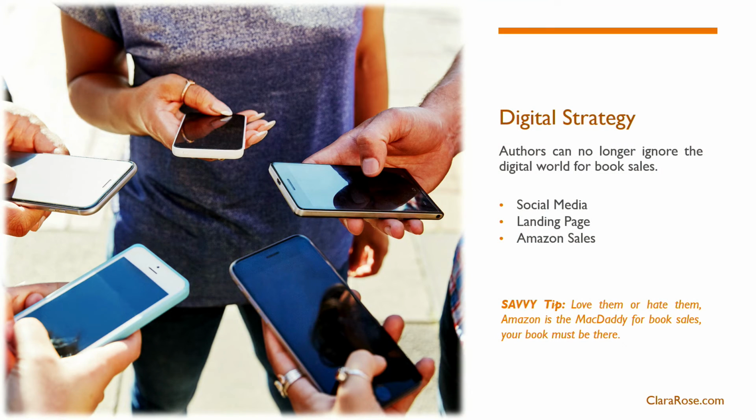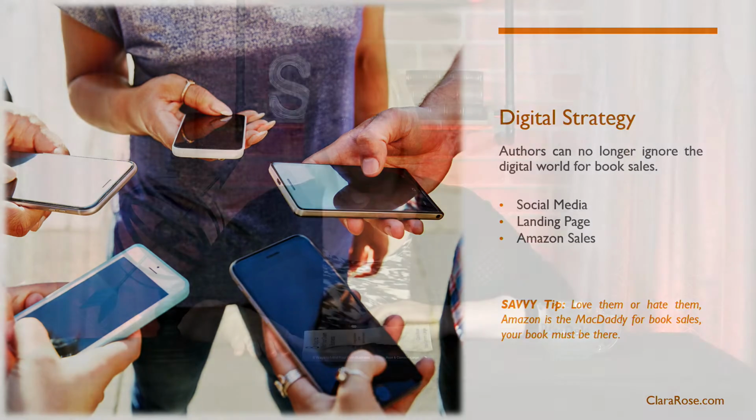Okay, and then finally, Amazon sales. Now, love them or hate them, you have to be on Amazon. Now, if your book is being published elsewhere and not using the on-demand tool on Amazon, which so many people are doing nowadays, but there's BookBaby and a host of other places, or perhaps a traditional publishing house is interested in picking you up, that, of course, means that they're going to do some of the sales for you.